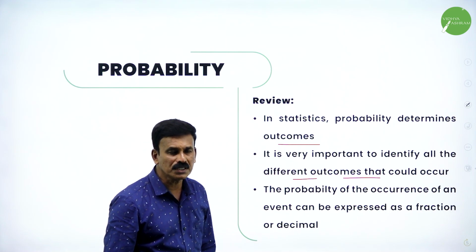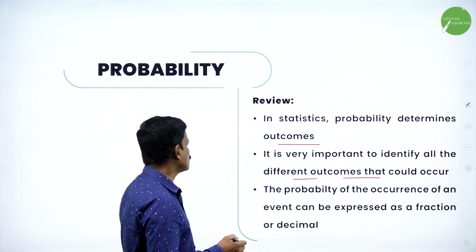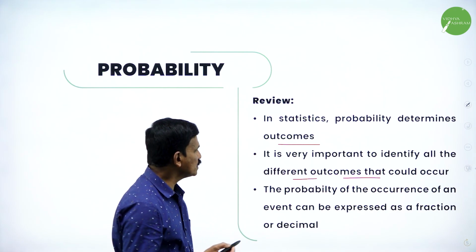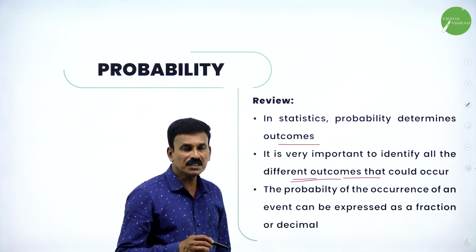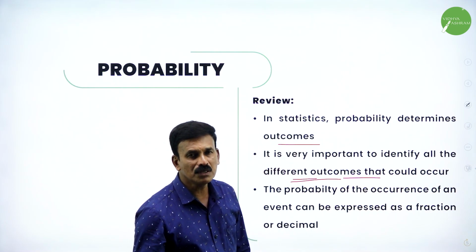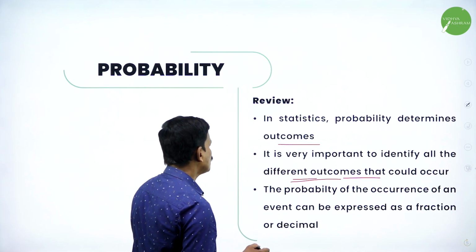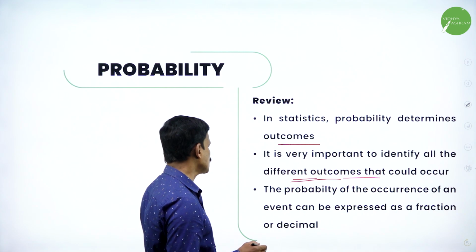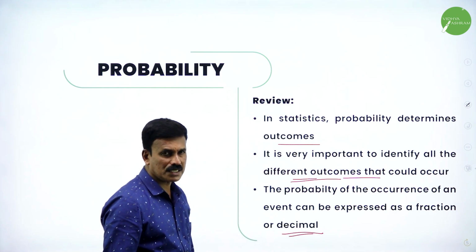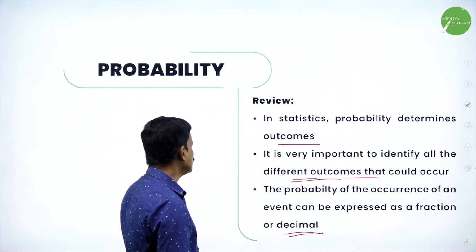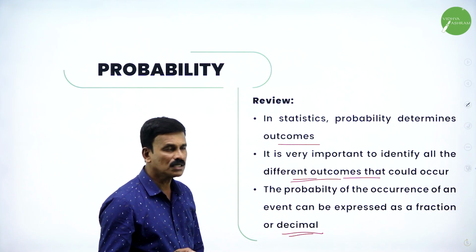So it is important for us to determine all the possible outcomes, and the different outcomes that can be possible will be identified using probability. Now the probability of occurrence of an event can be expressed as a fraction or even as a decimal, right?